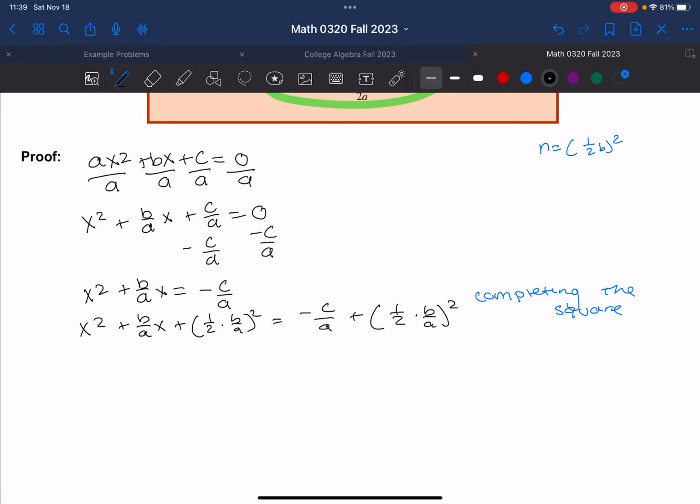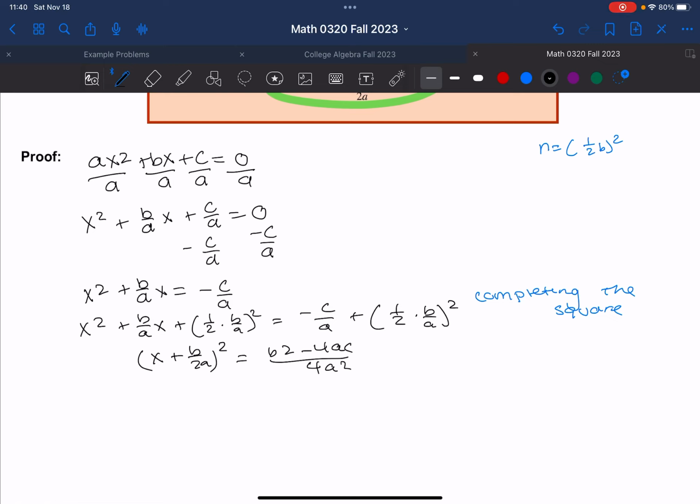When they did that, they noticed that once they simplify this, they were able to get x plus b over 2a squared, because remember that completing the square turns it into one factor, okay, is equal to, and then they simplify the other side, and when you simplify the other side, you get that b squared minus 4ac all over 4a squared.